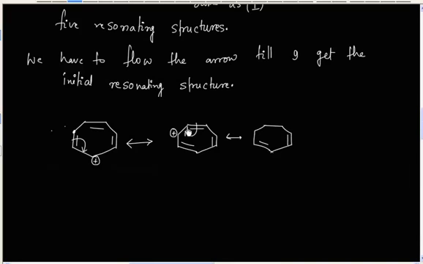So this double bond is shifted between these 2 carbons, and this carbon will be having positive charge. We can shift this double bond here, and this carbon will have positive charge. So next time we will have a double bond between these 2 carbons.